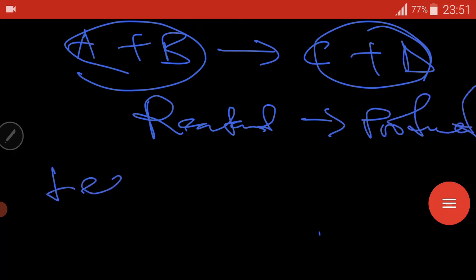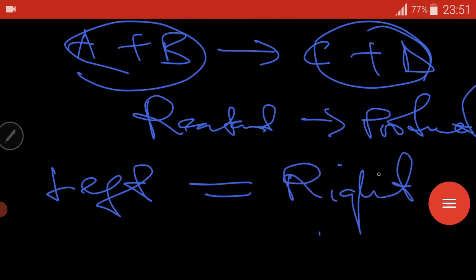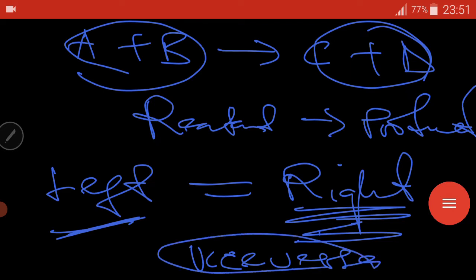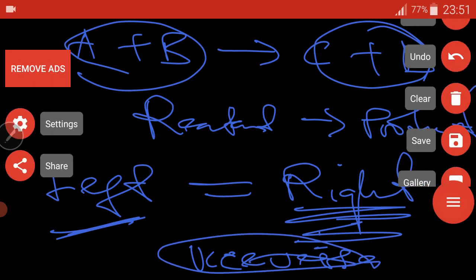So the left should equal the right, and vice versa.